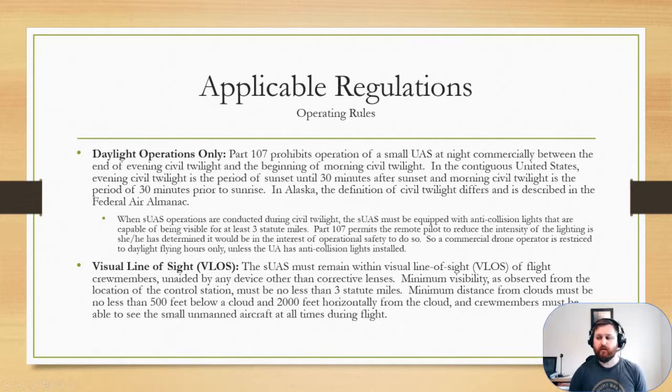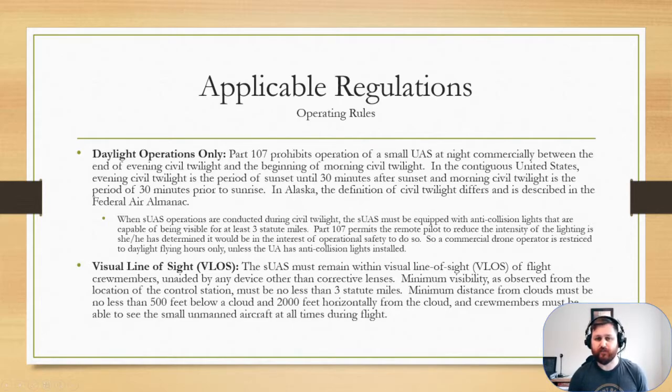There are operating rules as well that we have to look at. Part 107 prohibits operations of a small UAS at night, so commercially between the end of evening civil twilight and the beginning of morning civil twilight. What does that actually mean?